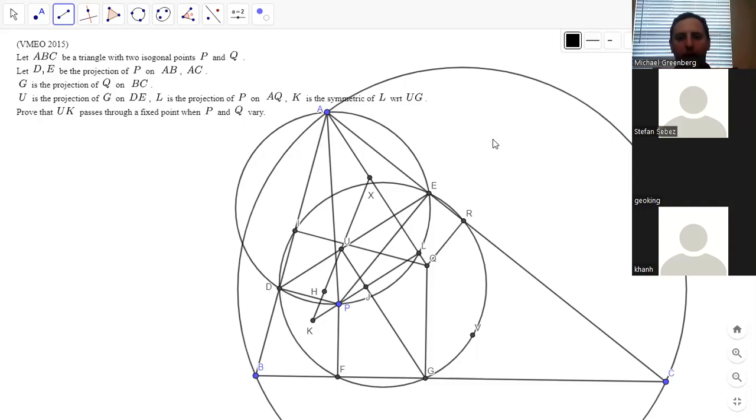Okay, so basically you're trying to show that H, U, and X are collinear.